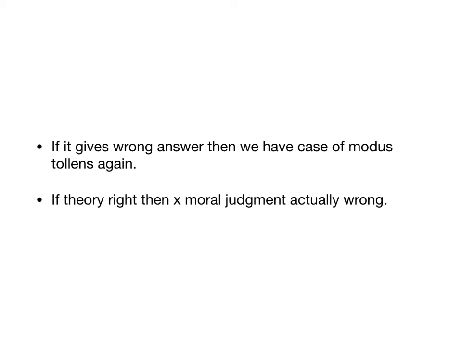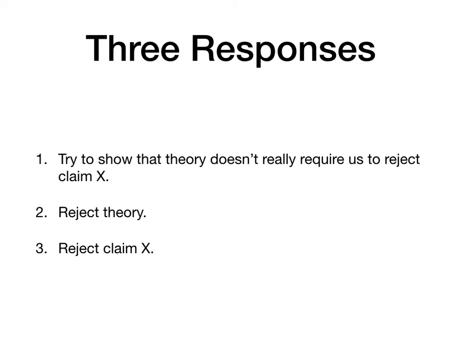If the theory gives us the wrong answer, if it says something like, fine, whatever, let the kid drown if you want to, then we have a case of modus tollens. If the theory is right, then X moral judgment is actually wrong. So we have three responses.